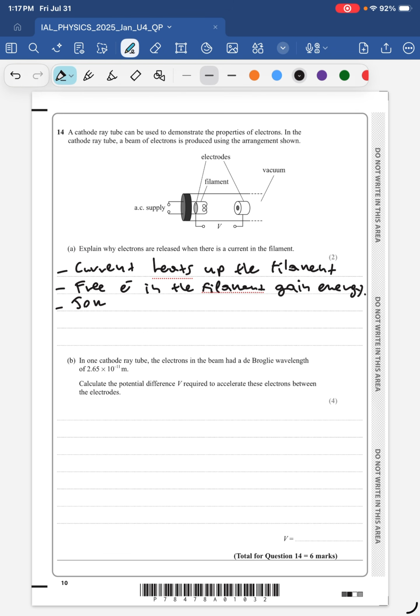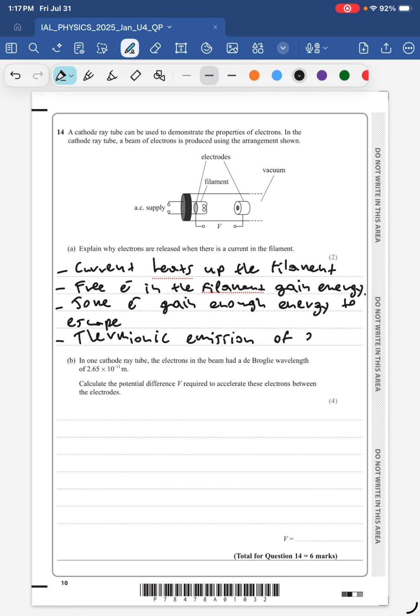So some electrons gain enough energy to escape, and this is called the thermionic emission of electrons, okay. It doesn't happen with ions, as far as I know. And thermionic, if you speak Greek, thermos means warm, okay. So emission via heat, okay.